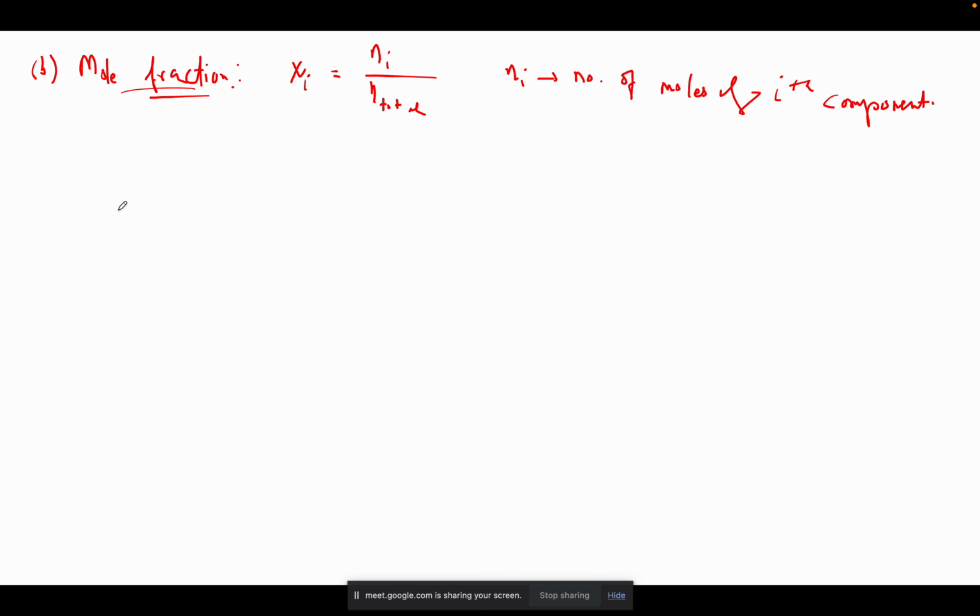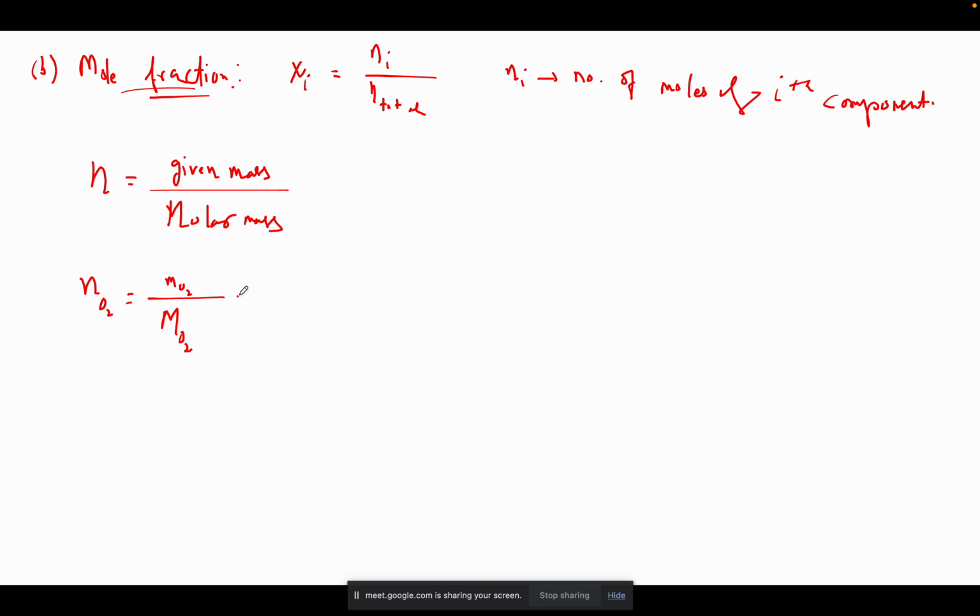Now the mole number formula is given mass divided by molar mass. So the number of moles of oxygen will be given mass of oxygen divided by molar mass of oxygen.